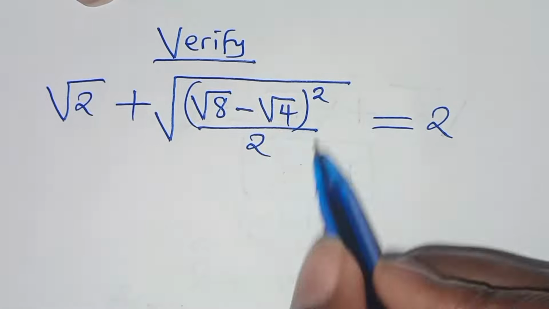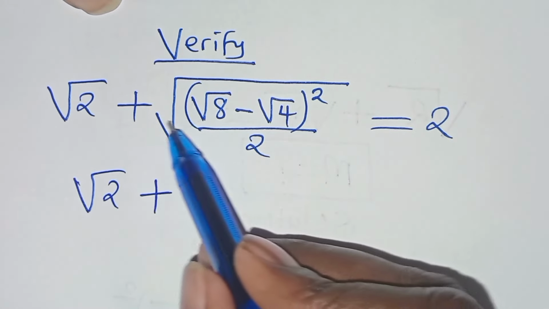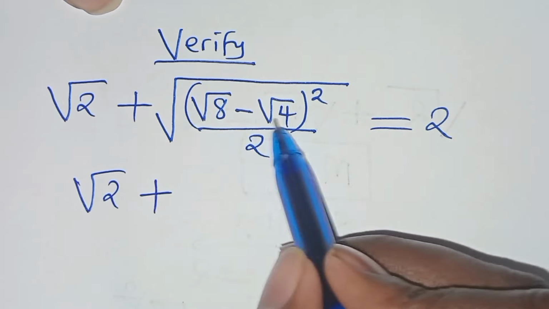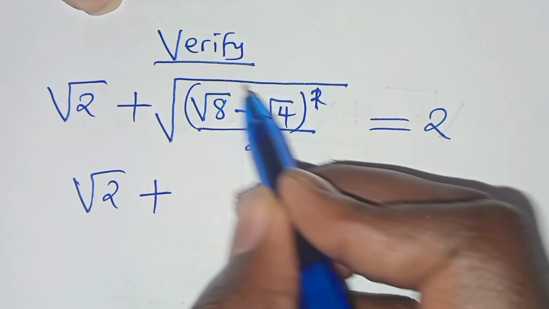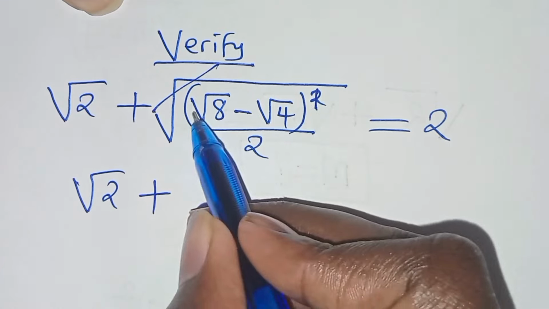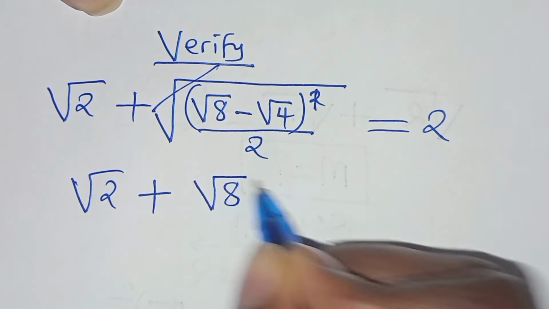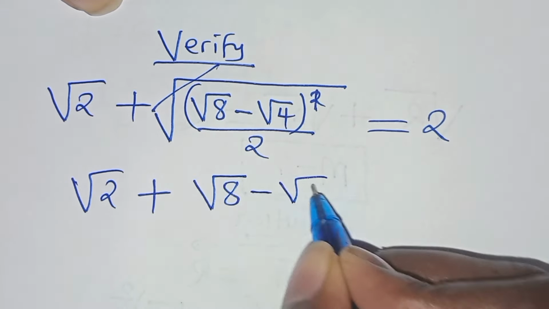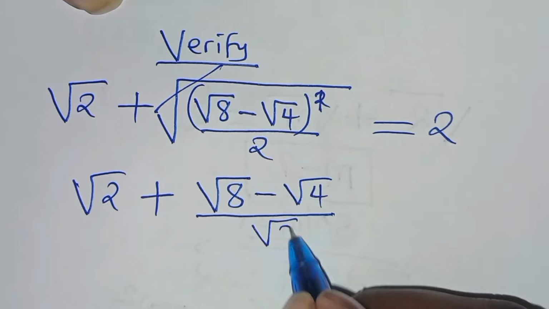Now the next step from here, we have square root of 2 plus, now square root of 8 minus square root of 4 raised to power 2. This implies that we can eliminate the square roots on the numerator part so that we have square root of 8 minus square root of 4 divided by square root of 2.